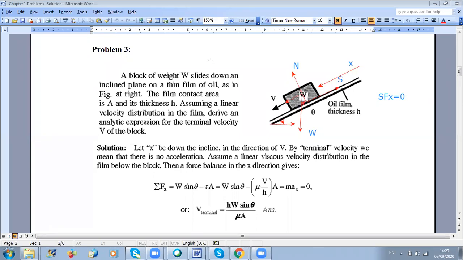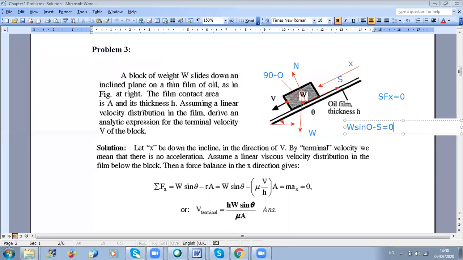So if I want to project W on x, it's W cosine of 90 minus theta, or sine theta. So my projection is W sine theta minus the shear force S equals 0.